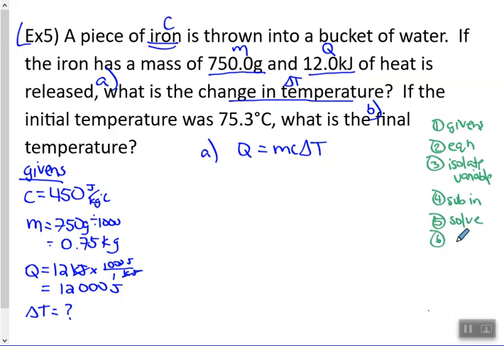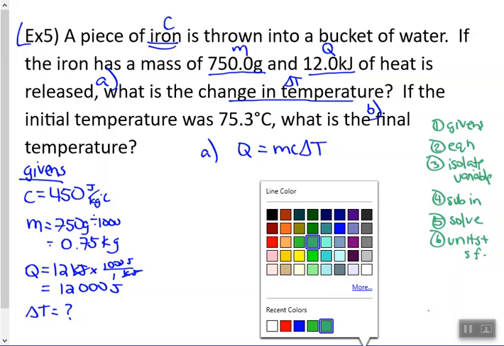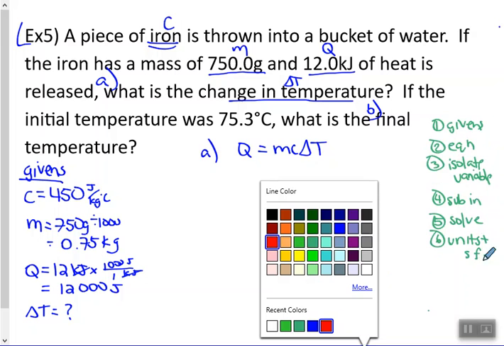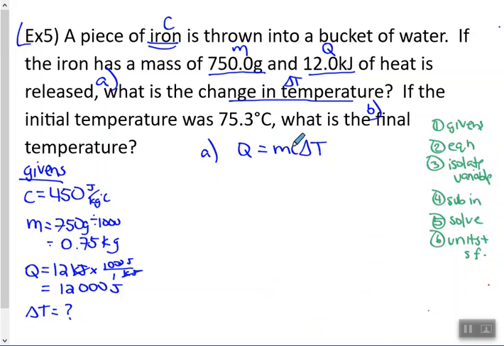Solve, and don't forget units and sig figs at the end. Same steps every time: do our givens, write our equation, isolate our variable, substitute in, solve, and make sure we have our units and significant figures.